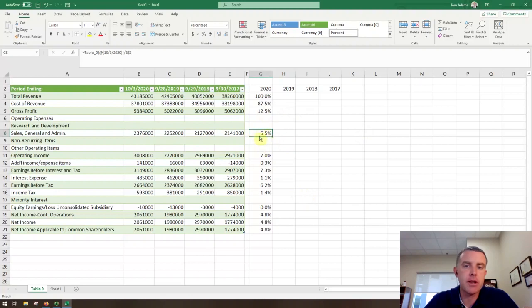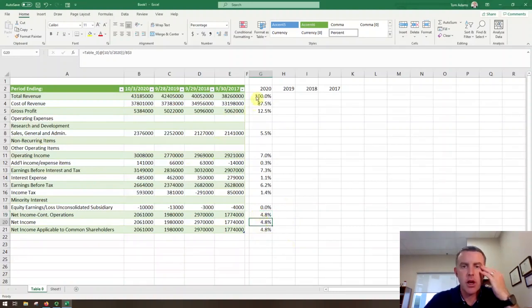Selling, general, and administrative expenses eat up another 5.5% of revenues, and actually, it looks like maybe they pick up some tax benefits here, and they end up somewhere around 4.8% net income. So net income, the revenue is about 4.8%. Okay, so when it's all said and done, that's what they have left over in net income after they pay all their expenses.